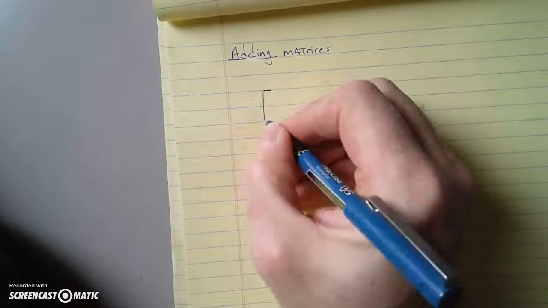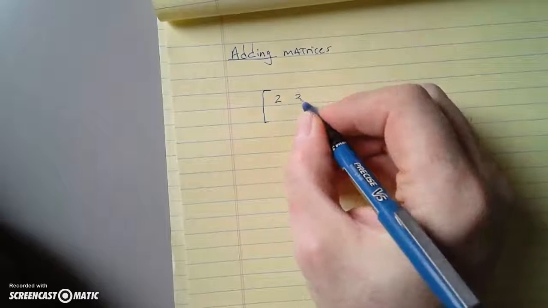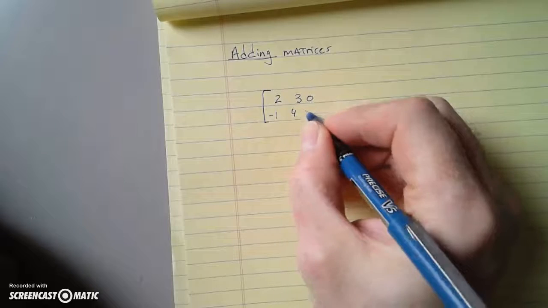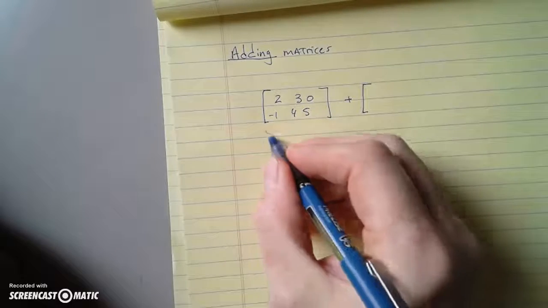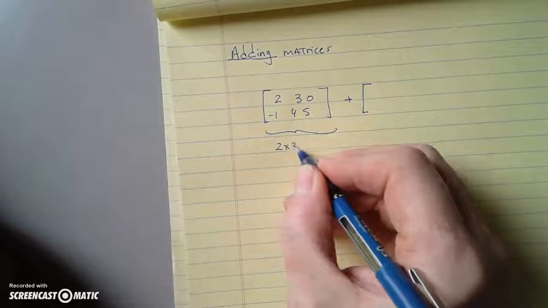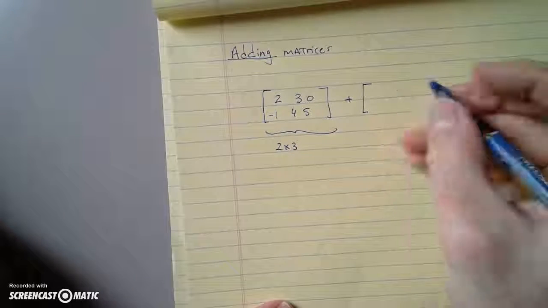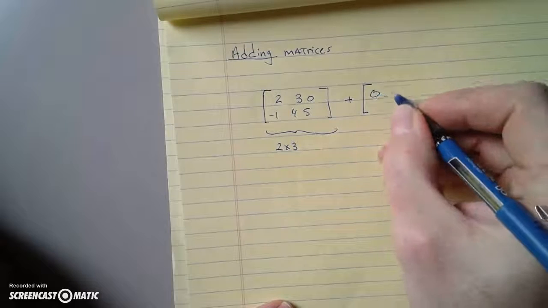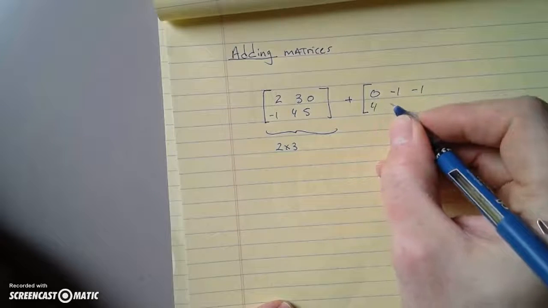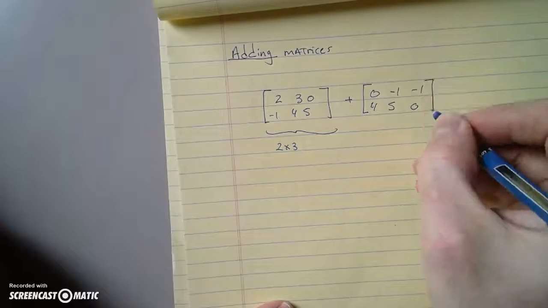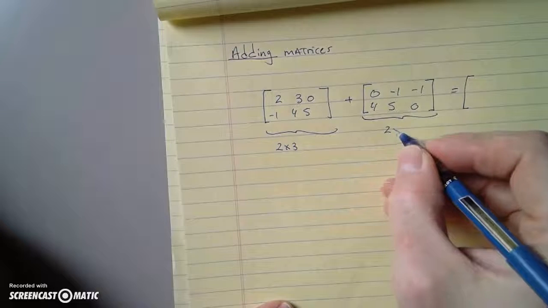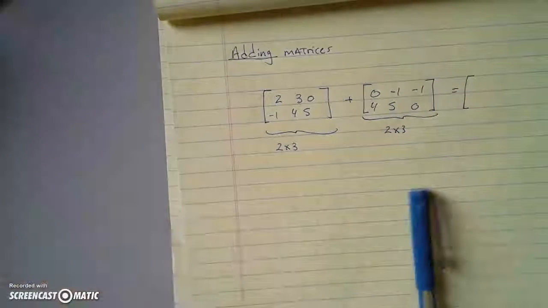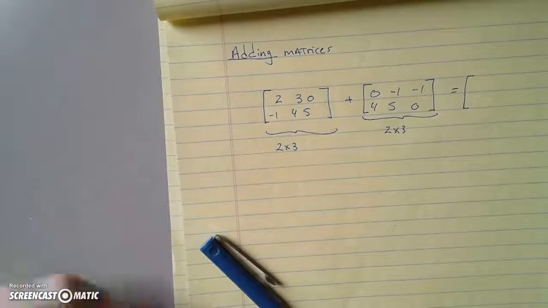So if I take two matrices, say 2, 3, 0, -1, 4, and 5, this is a 2 by 3 matrix. I can add another 2 by 3 matrix, 0, -1, -1, 4, 5, 0. This is another 2 by 3. And the way we add these matrices is component-wise.